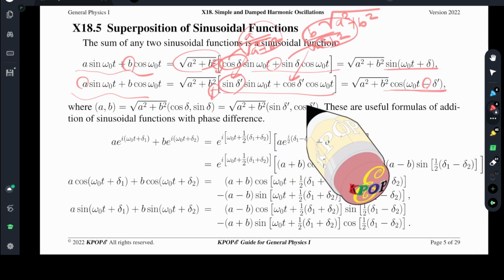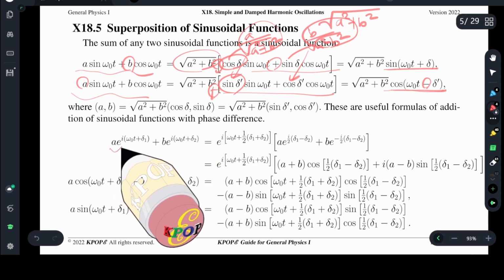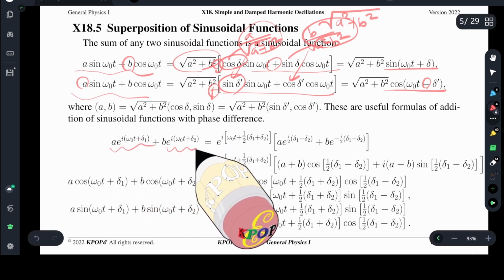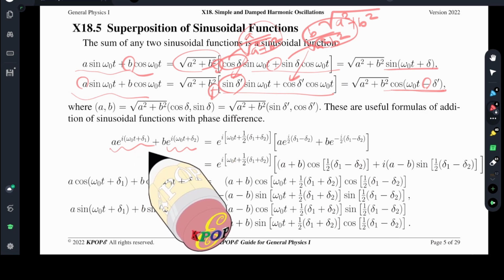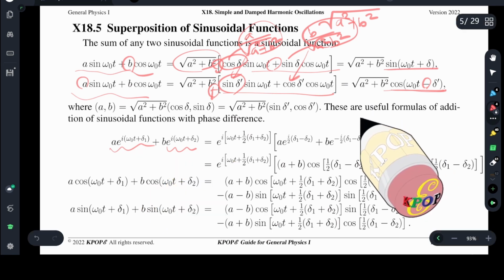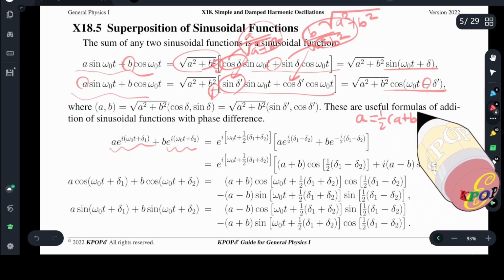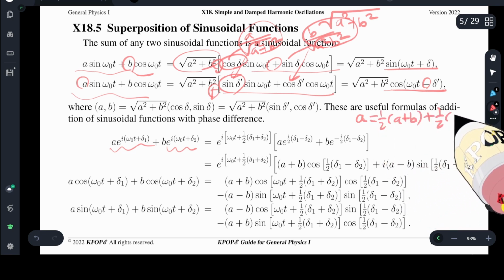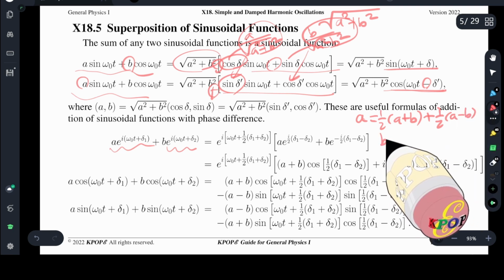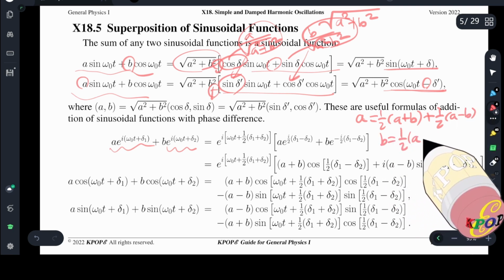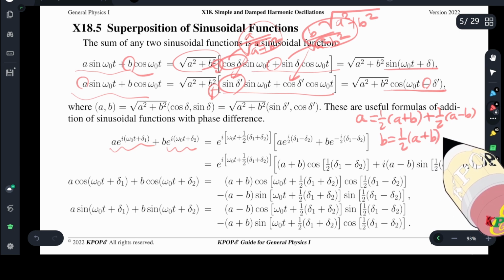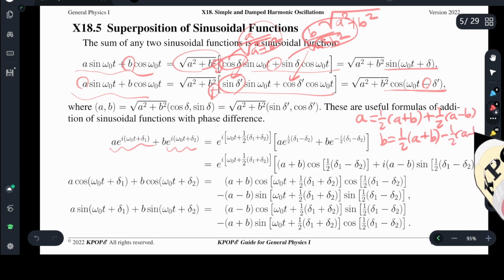We can generalize this idea to add two exponential functions. If we have two exponential functions, it's good to make use of the fact that a equals 1/2 (a plus b) plus 1/2 (a minus b), and b can be expressed as 1/2 (a plus b) minus 1/2 (a minus b).